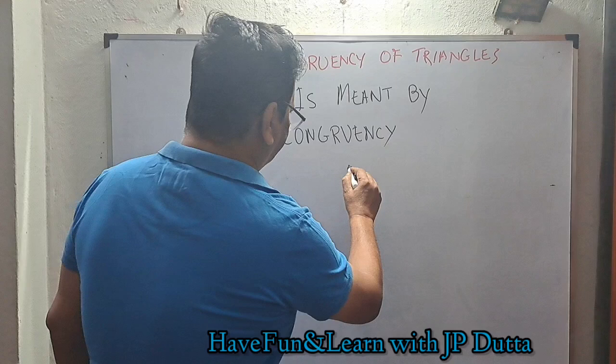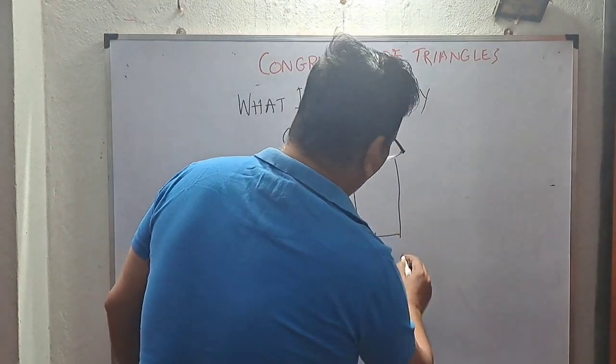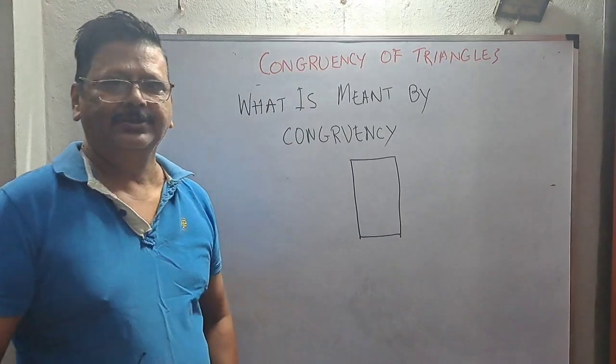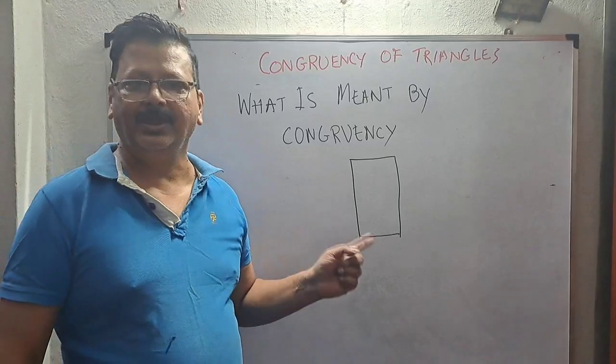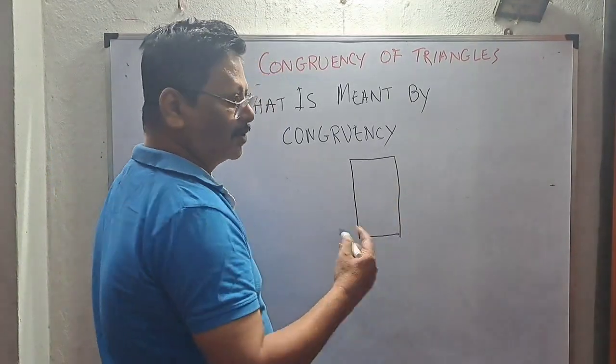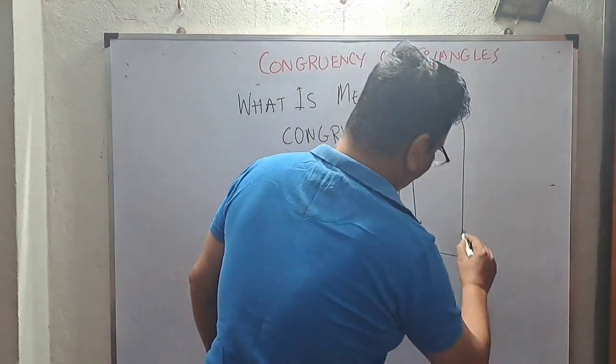Suppose you got a sheet of paper like this. In daily life, in projects, in school copybooks, you have papers of the same size. You don't have in your copy one paper like this and the other paper like this.